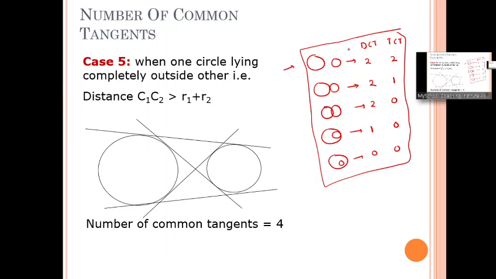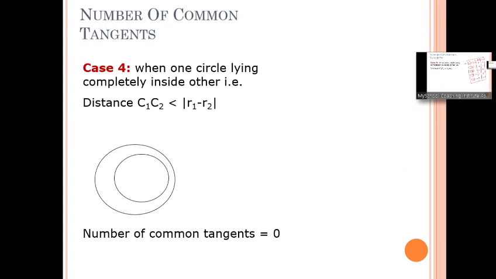Clear है ना everything? Easy है? सर एक बार पीछे जाइए सर. These cases we have already discussed. C1C2 is less than R1 minus R2. These cases we have already discussed in the last class.